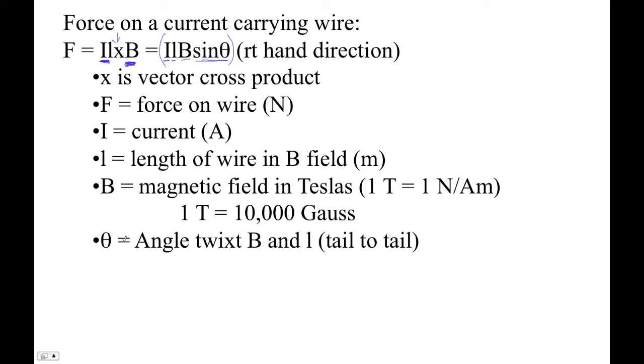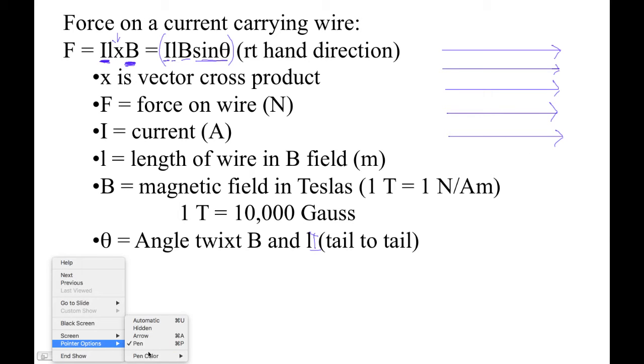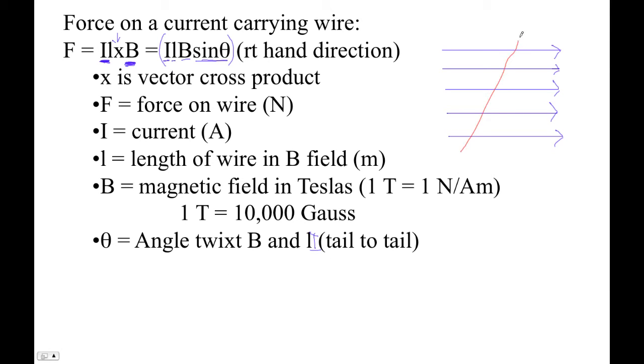And then theta is the angle between B and L, the wire, or you can say the wire and the current. So for example, if I've got a magnetic field that's to the right, and let's imagine that I've got a current that's flowing like this.